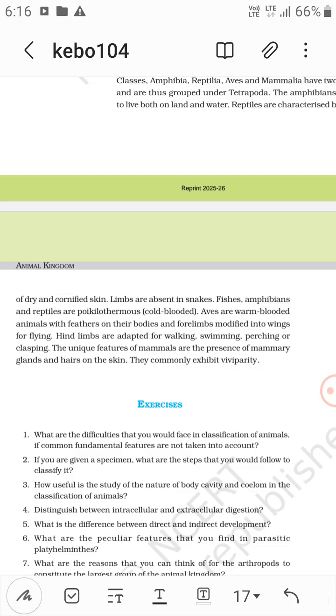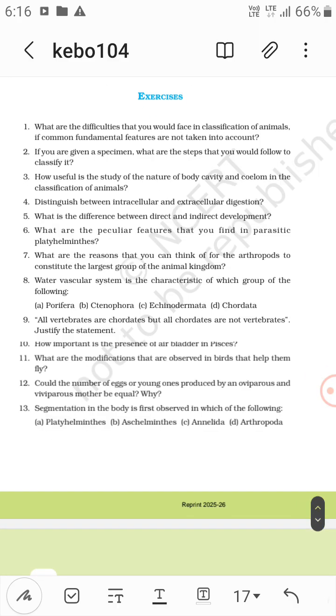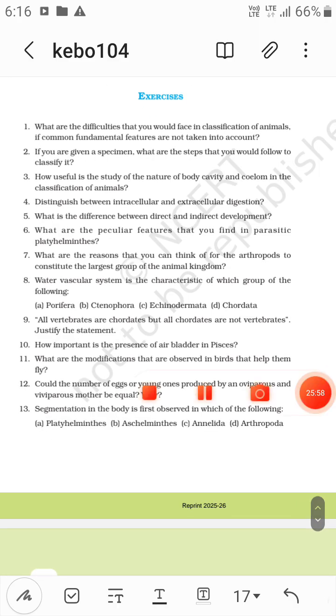The unique features of mammals are the presence of mammary glands and hairs on the skin. They commonly exhibit viviparity. The only exception is the platypus, Ornithorhynchus.